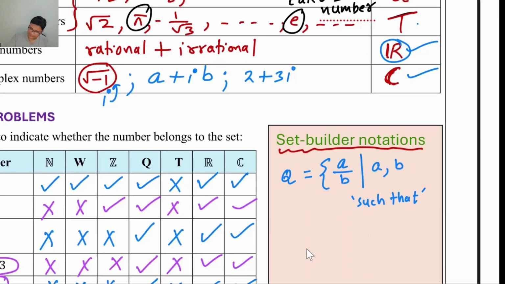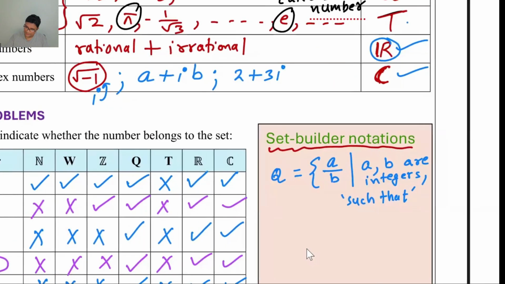A and B are integers, right? But that's not enough. You have to say one more thing. So that particular line is read as such that A and B are integers, B is not 0.